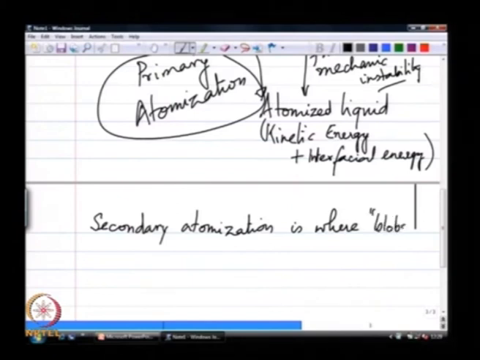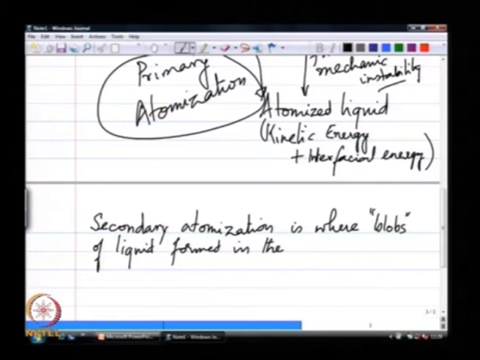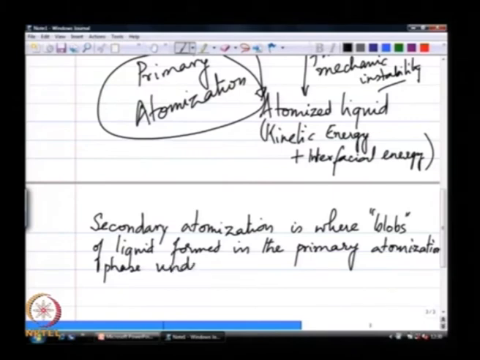I will use the word blobs. The blobs formed from the primary atomization phase undergo further breakup.